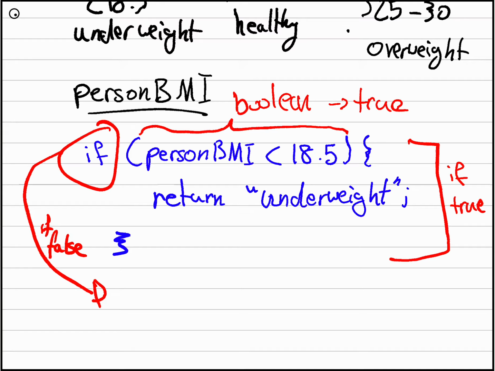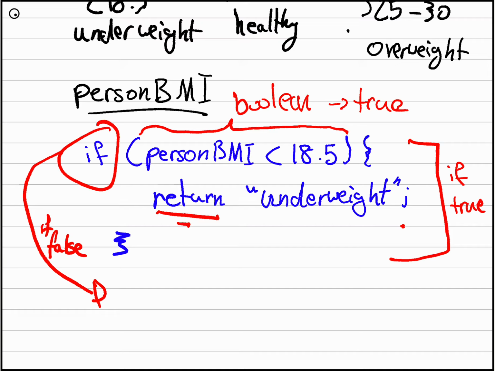Then it says, okay, then return underweight. And when a method reaches the return statement, it is done with that method. It doesn't evaluate anything else because you're saying, that's it, you're done, just give me the final result. Okay?